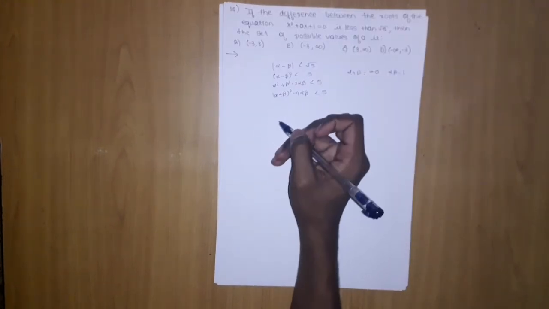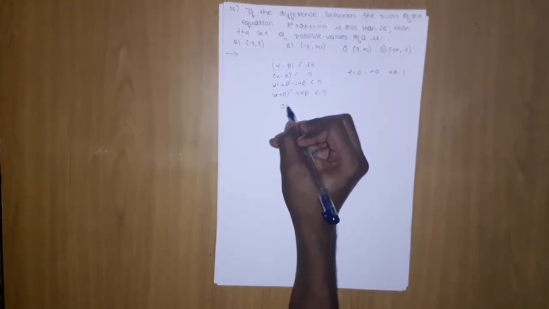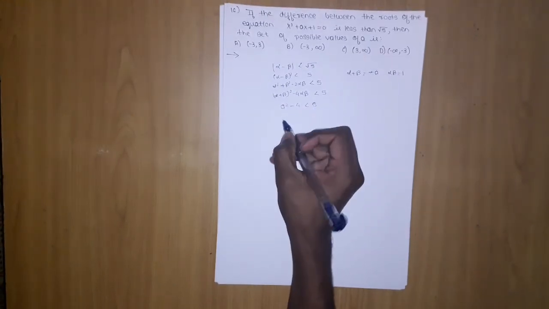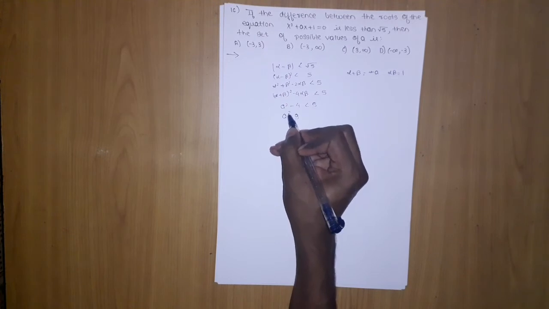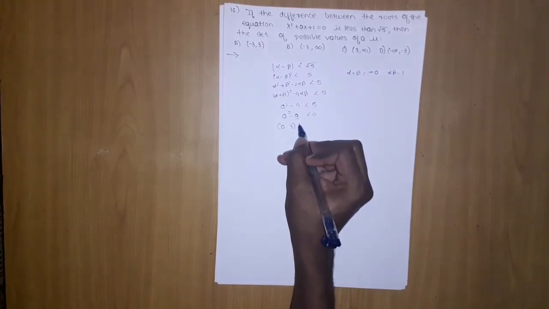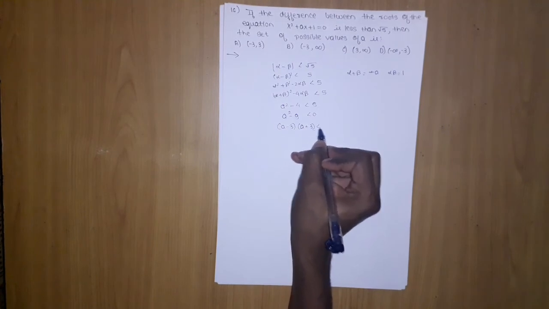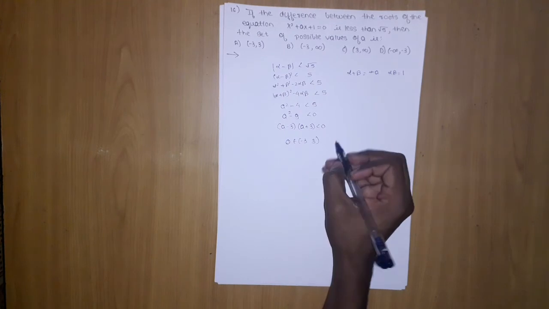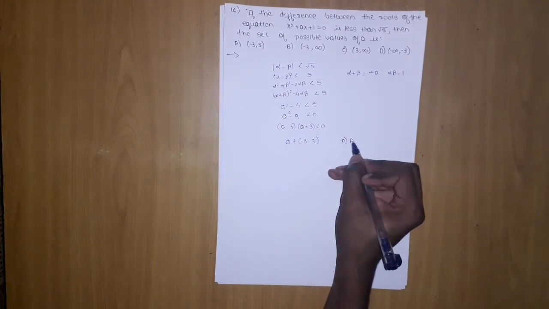What we see is a square minus 4 less than 5, so a square minus 9 should be less than 0. Then we conclude (a minus 3)(a plus 3) is less than 0, so a belongs to minus 3 to 3, so that is the answer.